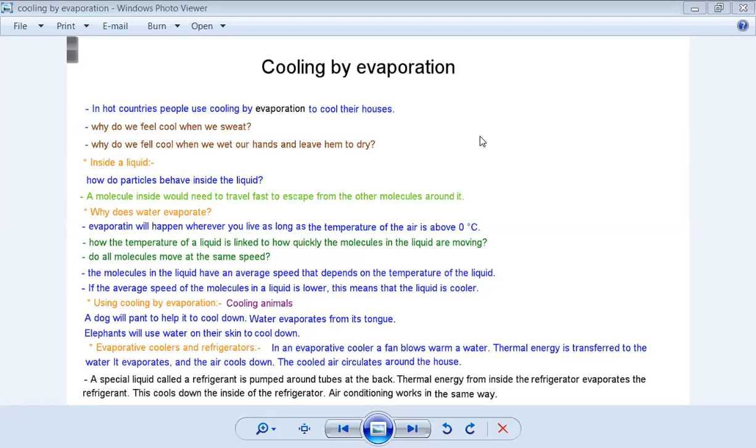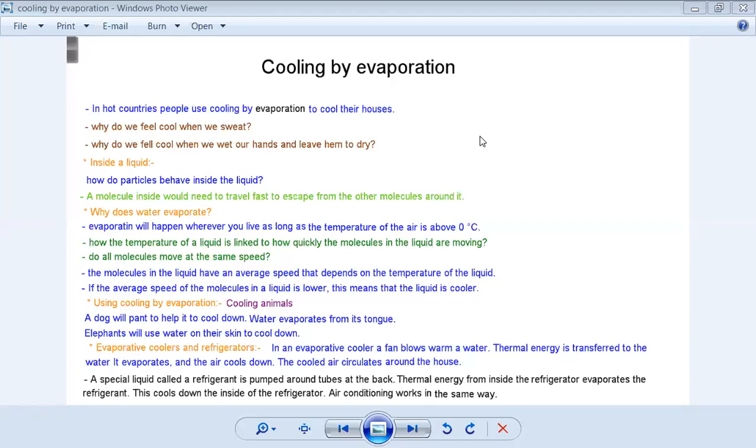I will eliminate the tallest ones. Let's assume that the tallest ones, Naim and Fatima, are the molecules with the high average speed. So if we eliminate them, we will get 1.60 plus 1.60 over 2.